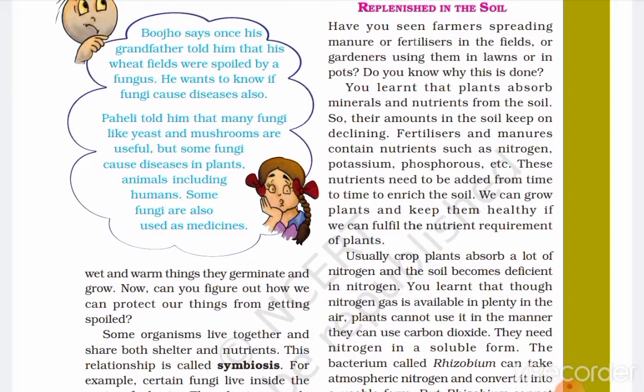If you have visited a village, have you seen your grandfather or any relative doing this type of activity? Or if your friend or relative who lives in a village and does farming, have you seen him adding cow dung to the farm?